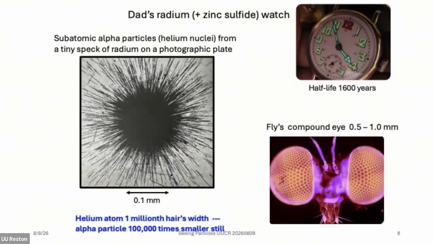And the scale you see is 0.1 millimeters, or a tenth of a millimeter, which compared with the fly's compound eye, which is 5-10 times bigger than that little bar. And the tracks that you see coming out are these alpha particles that are being ejected from the nucleus of the radium on the photographic plate.